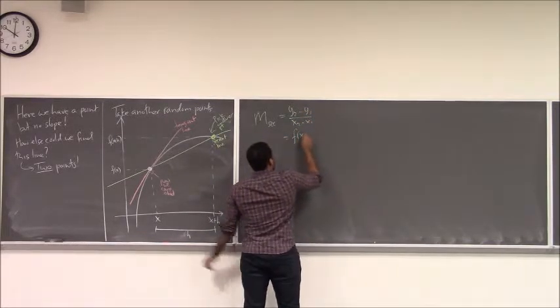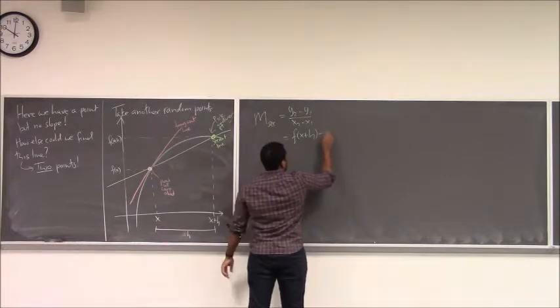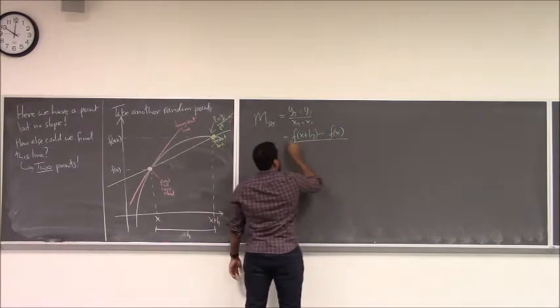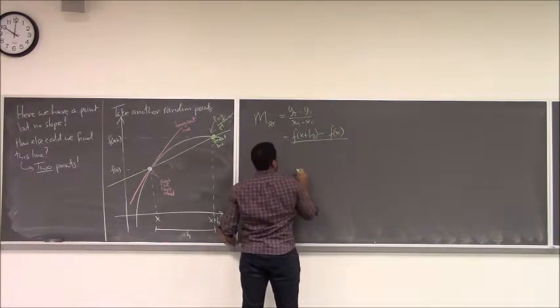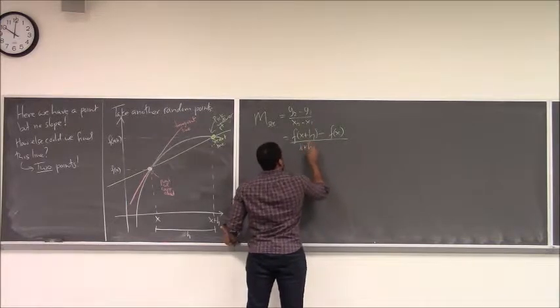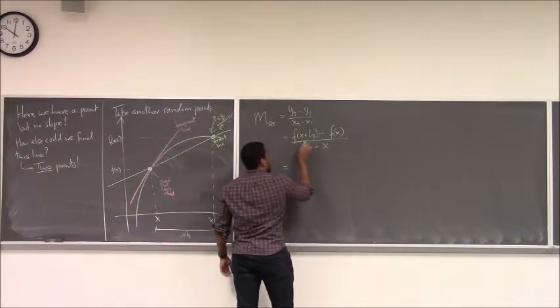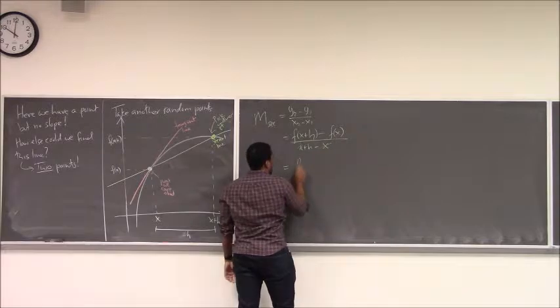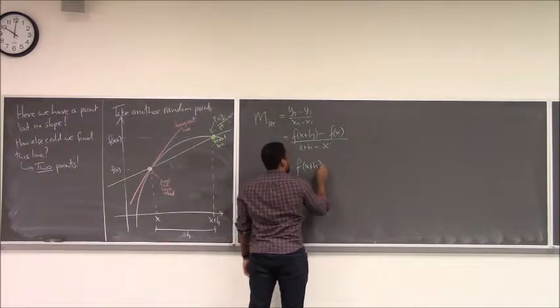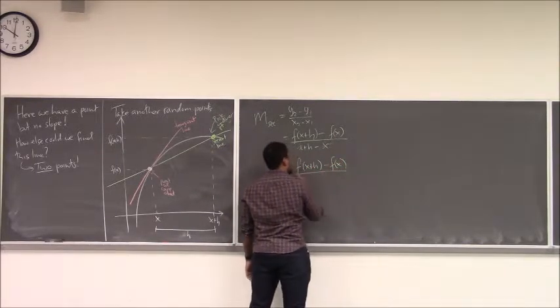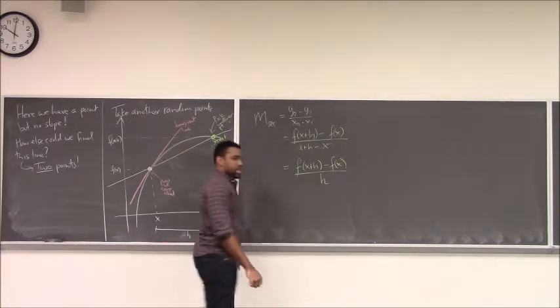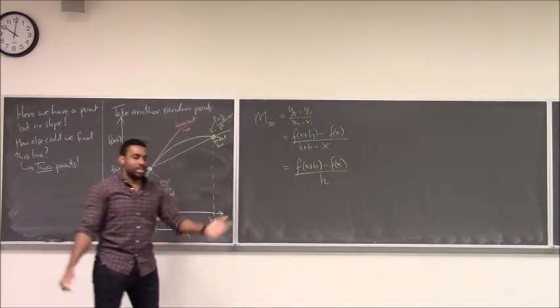That would be, in this case, f of x plus h minus f of x over x plus h minus x. x is cancelled. And so, we end up with that expression. Of course, it's the difference quotient.